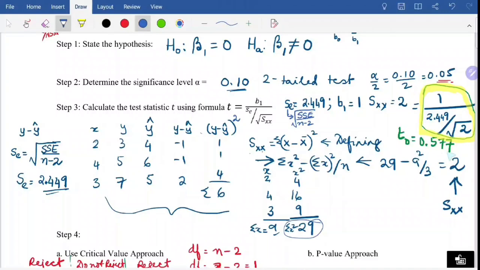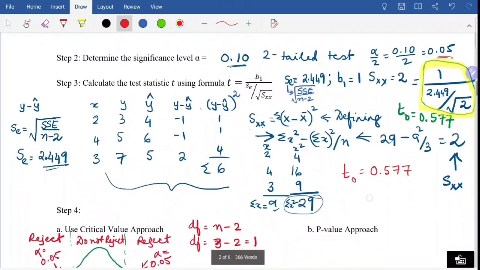We get a t sub 0 value, or the test statistic value, of 0.577. All right, so that's our test statistic, step 3 completed.